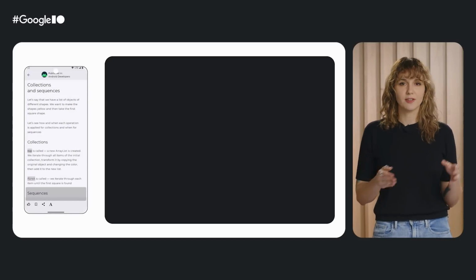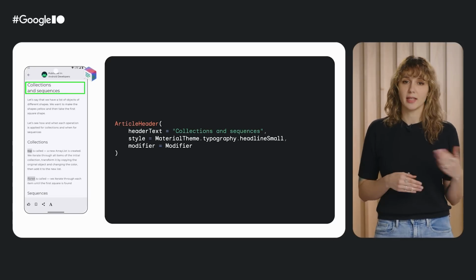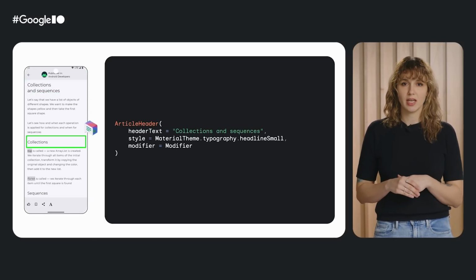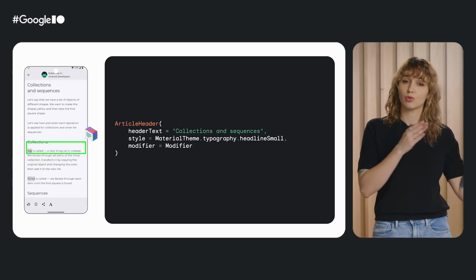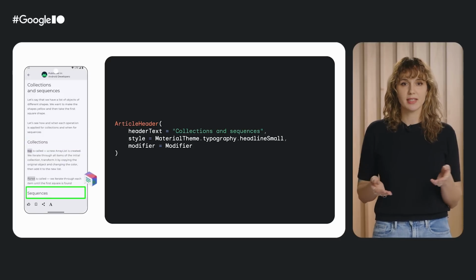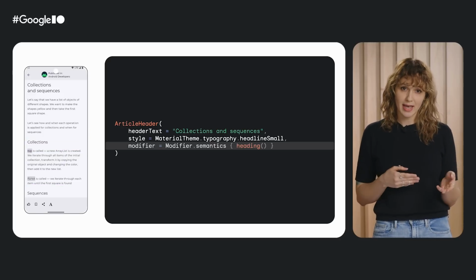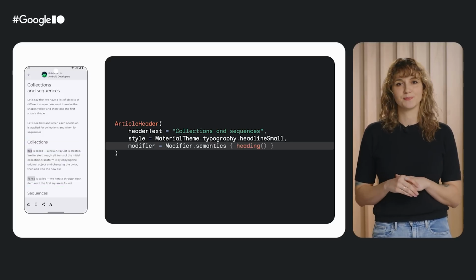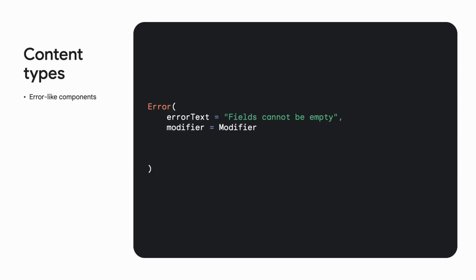Screens with a lot of textual information, like long articles or news, are usually divided into different subsections by using headings. Some accessibility services, like TalkBack, allow for easier navigation directly between sections or headings. To enable this, indicate that your component is a heading by defining its semantics. For other content types, such as arrow-like components, you might want to expand on the main semantic information for users with accessibility needs.